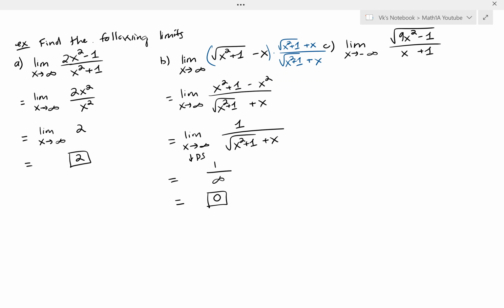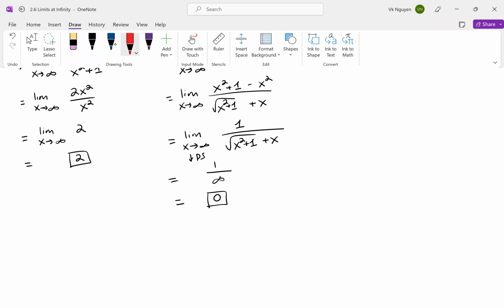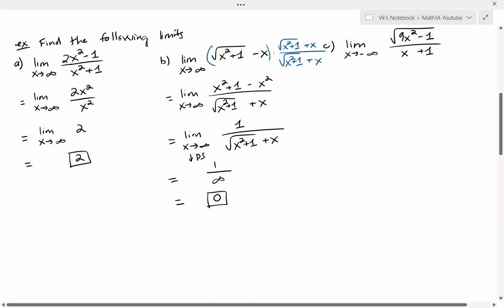One more example. Limit as x goes to negative infinity of root of (9x squared minus 1) over (x plus 1). Well, this is not a rational function. And one thing is the limit is going to negative infinity.